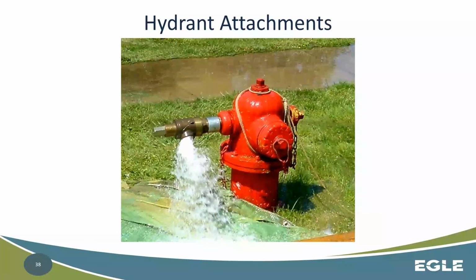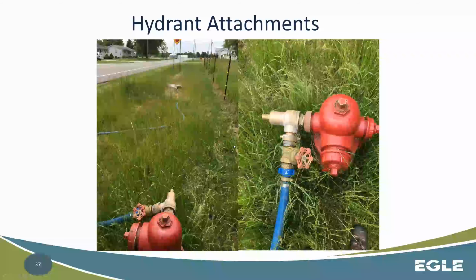This is an ideal setup for a blow-off valve in a distribution system, where you've got an air gap between where the water is flowing to and any standing water. There's no way you can get a backflow event to occur in this scenario. In this previous scenario, if the water main out in front was to break and start to cause a suction event, this could actually try to suck down.